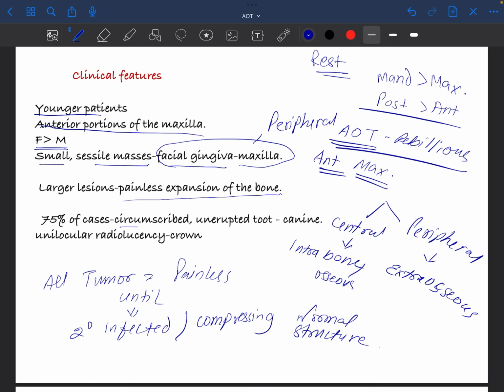In 75% of the cases they are circumscribed and involved with an unerupted tooth, the canine. That's why they become a differential diagnosis for dentigerous cyst. It's very hard to differentiate between a dentigerous cyst and AOT clinically or with a radiograph only. You need a histological investigation to differentiate between them.